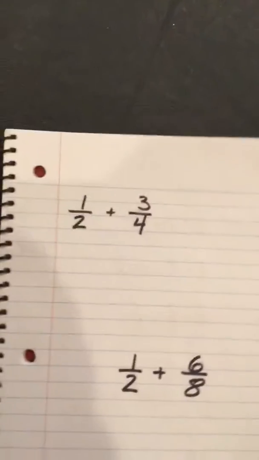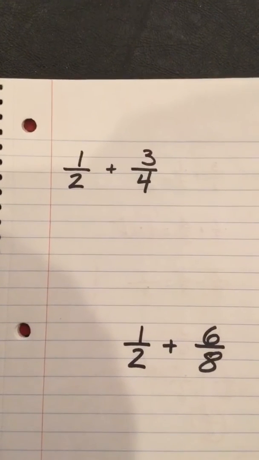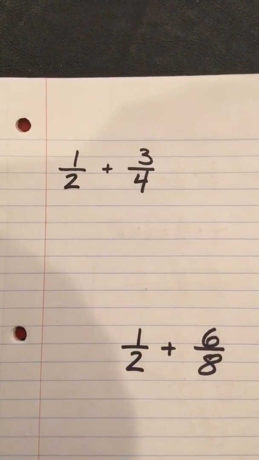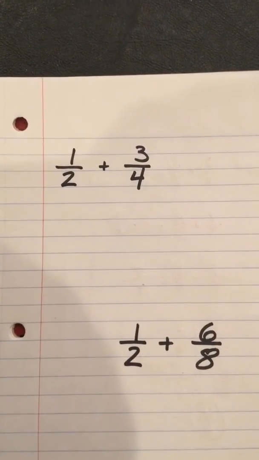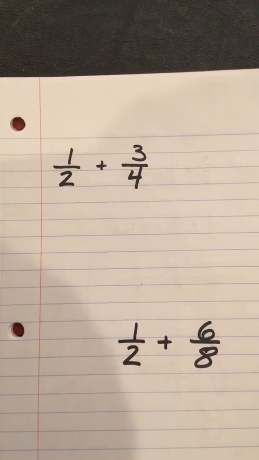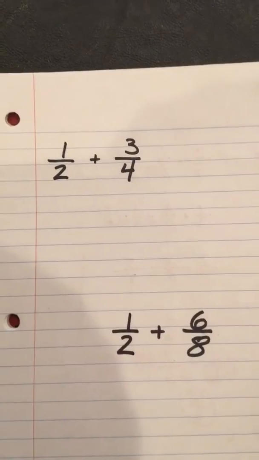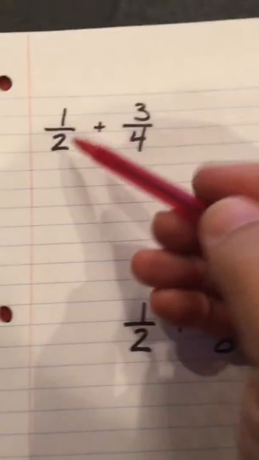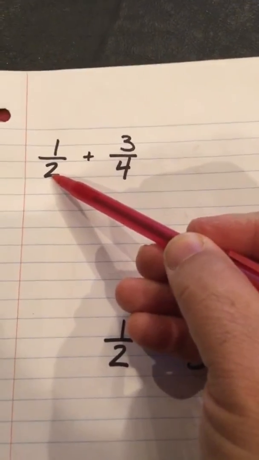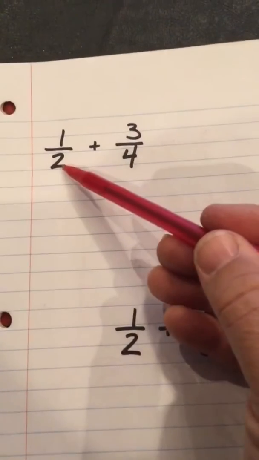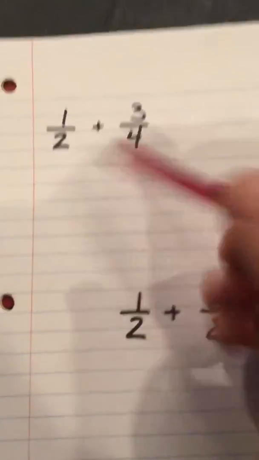Okay, here we go. Copy these 2 problems down. Okay. Count by the smallest, think of the biggest. 2, 4.